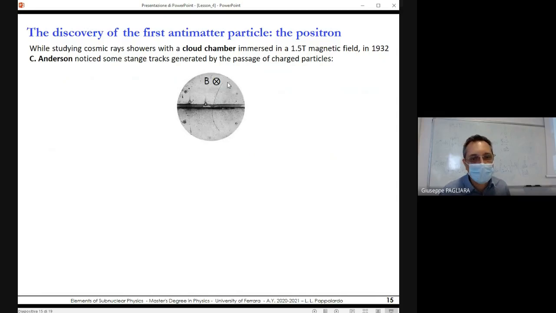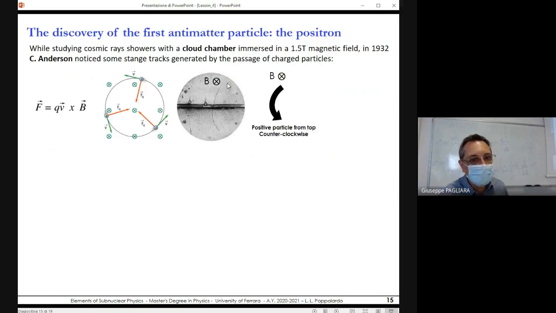Here you see an example of one of these strange appearances in the detector. Consider that we have a magnetic field which is transverse to the slide. Of course, the magnetic field acts on the charged particle through the Lorentz force, and as you know, it bends the trajectory of the charged particle.